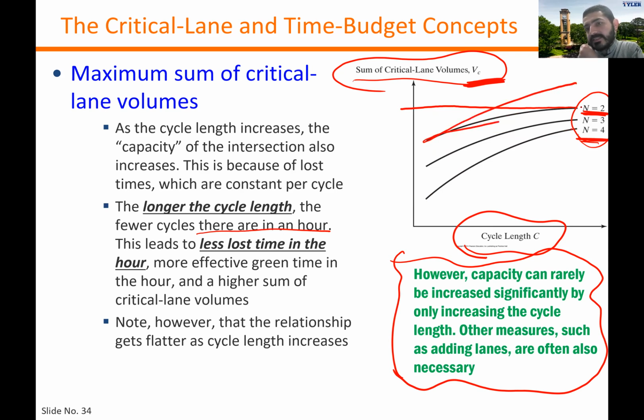We're going to reach a certain value where we're not going to increase the sum of critical lane volume that much by reducing the number of phases or by increasing the cycle length. The better option once you reach that plateauing value is to think of increasing the number of lanes. Adding lanes is often necessary in such conditions.